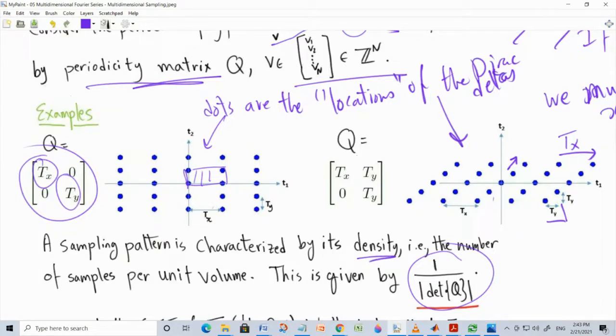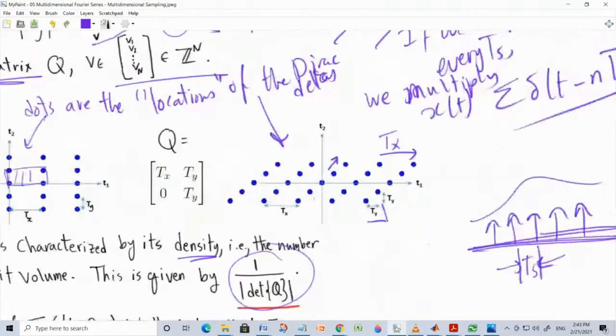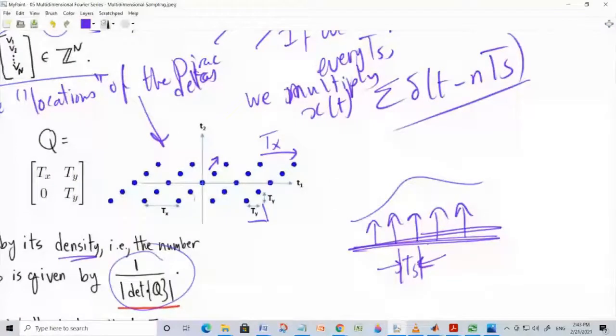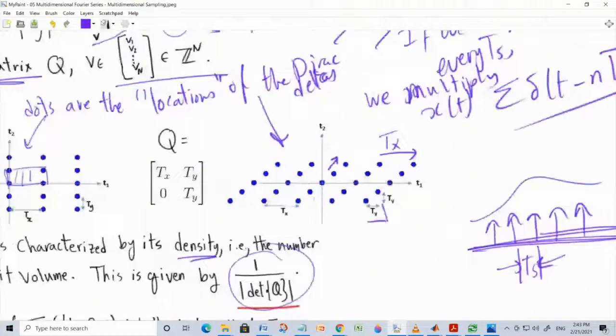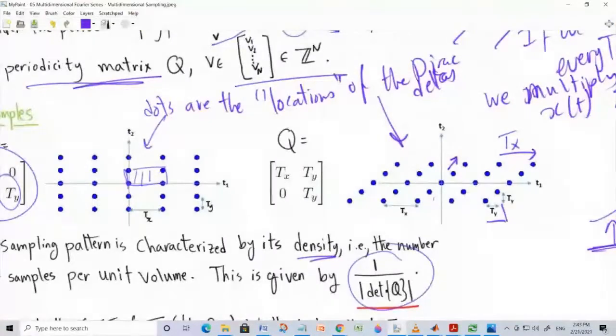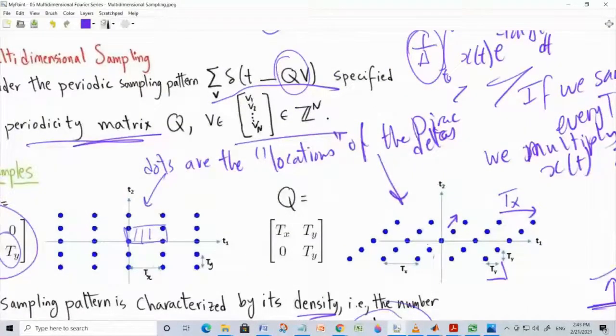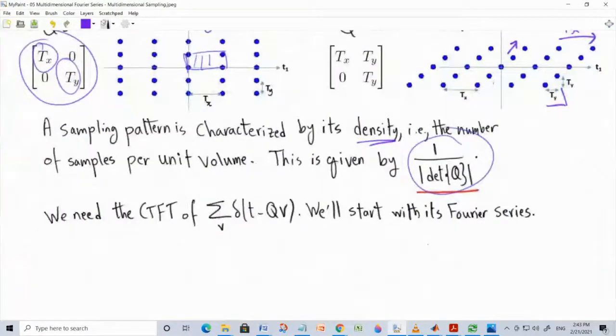But this is an important part. So sampling in multiple dimensions is cool. It is something where you have freedom. That is not in one-dimensional sampling, which is boring. It is just a lattice specified by a positive number: the separation between two successive samples. That's it. In multiple dimensions, you can play with the pattern, and you can specify any adequate periodicity matrix, and you will do sampling with basically 1 over determinant Q.